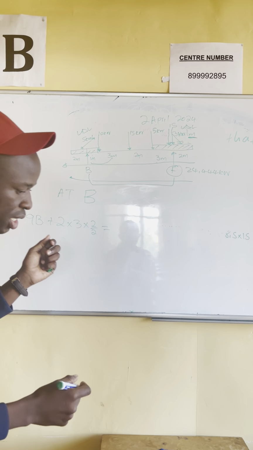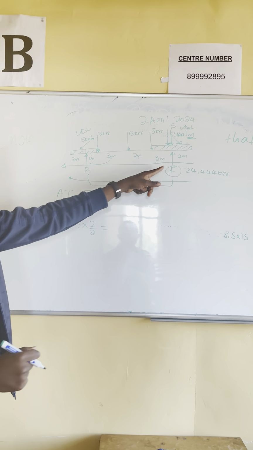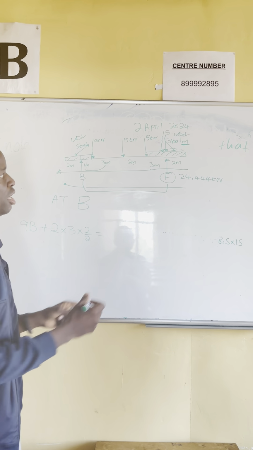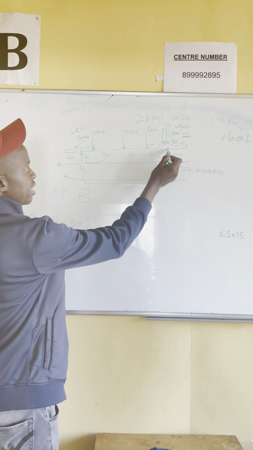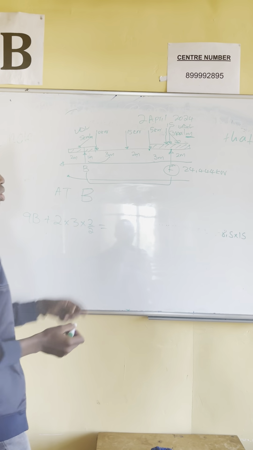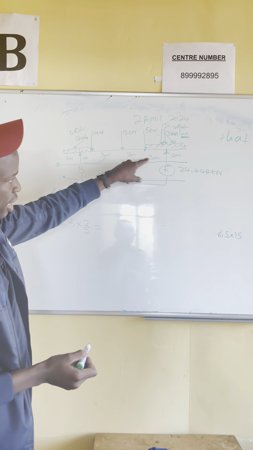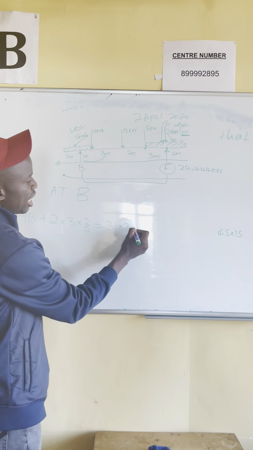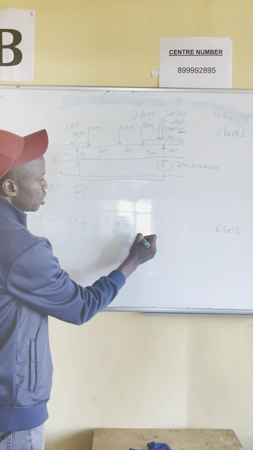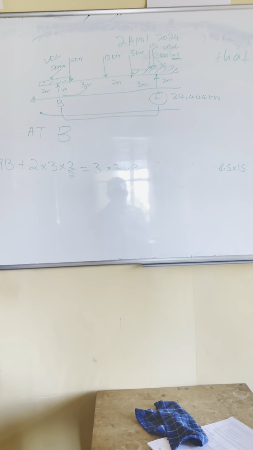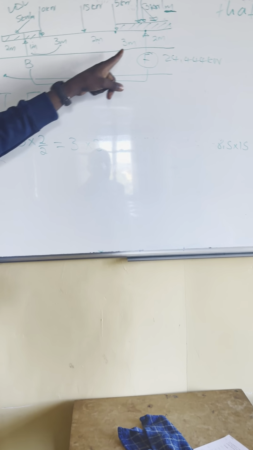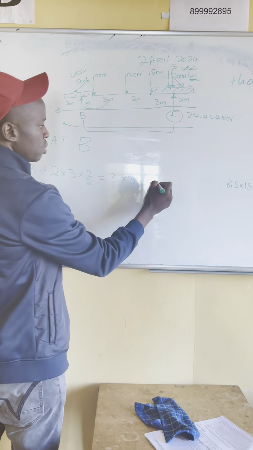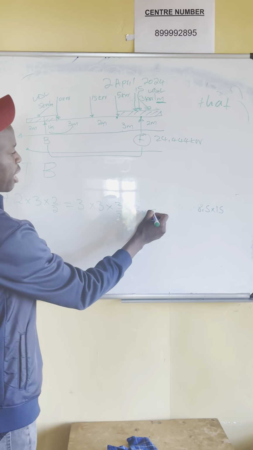Now the moment we say is equals to, we come inside the support. Inside the support we still have the UDL. If you check here, it passed to this point. So we add 3 meter. You say 3 times 3 times 3/2, half of this. And then now you're going to say 3 times the normal force, which is 3 times 5.